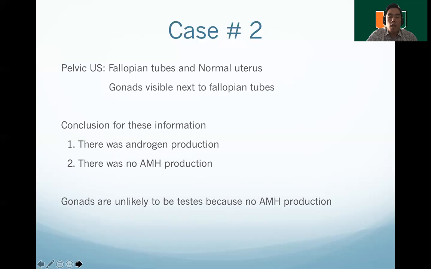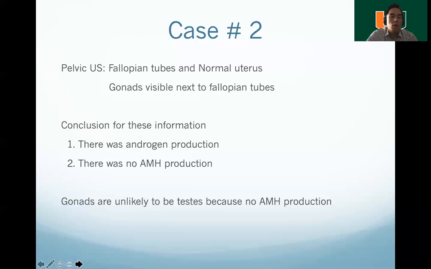So what can this be? The gonads are unlikely to be testes because there's no AMH production. Usually when you have testicular formation, you often have both Sertoli and Leydig cell formation, so it is very unlikely to have just Leydig cell formation without Sertoli cells.